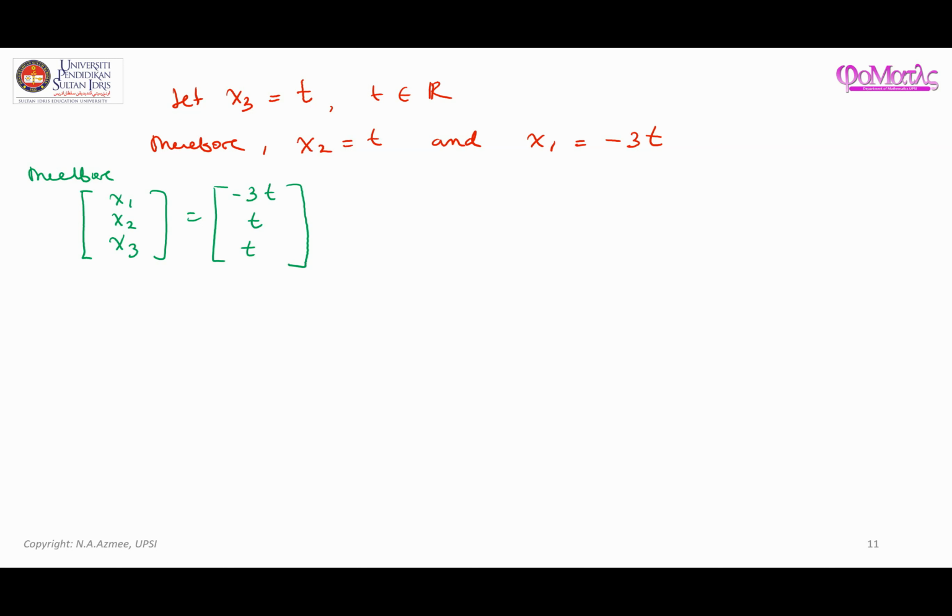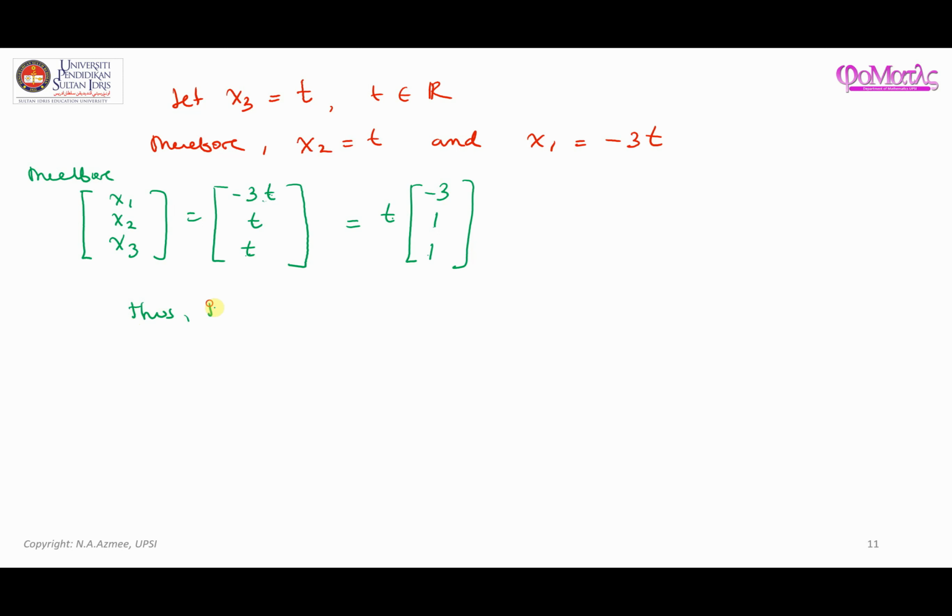How can we do that? You can see that we have t in each part here, so we can take out t and just focus on the numbers inside: negative 3, 1 and 1. So t times negative 3 is negative 3t, t times 1 you get t back, t times 1 you get t.